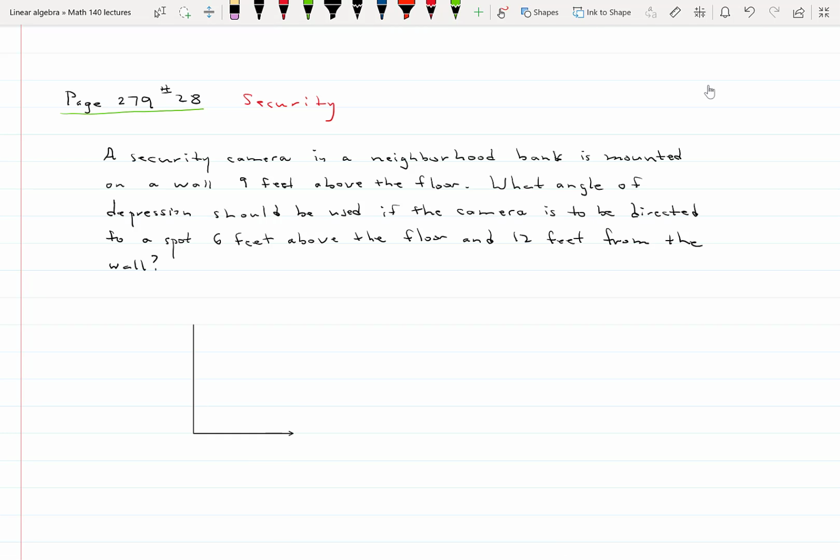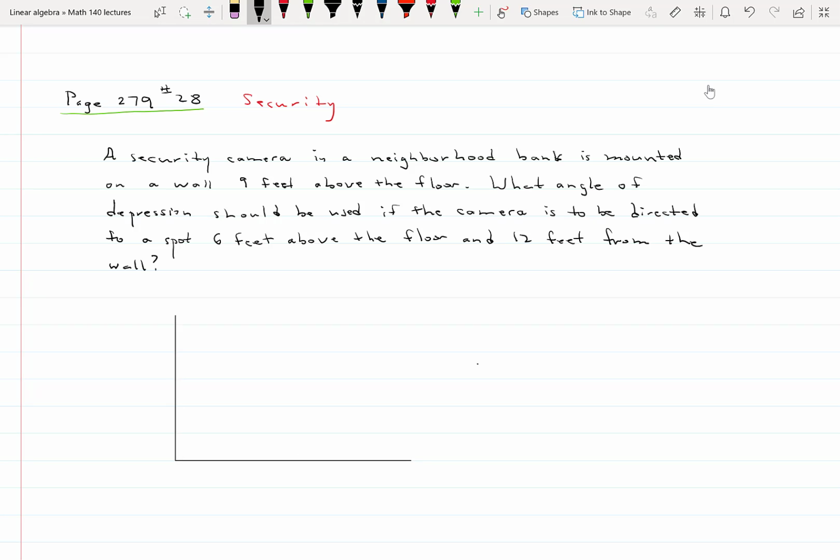I'm going to get rid of the arrow on that. Here we go. Okay, so here's our situation. A security camera in a neighborhood bank is mounted on a wall 9 feet above the floor.